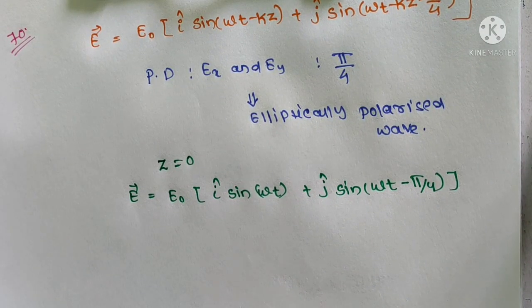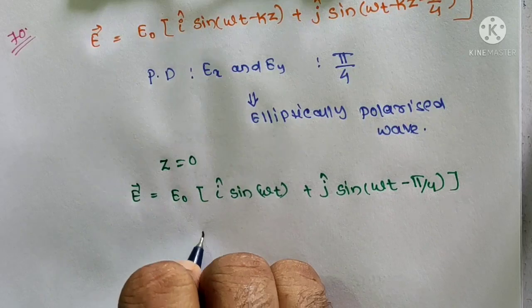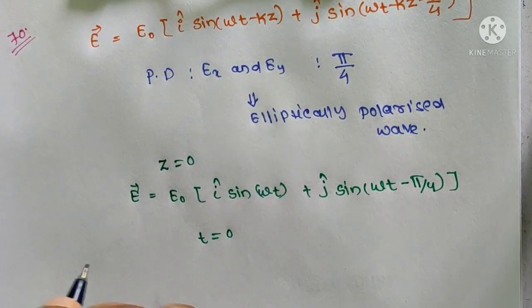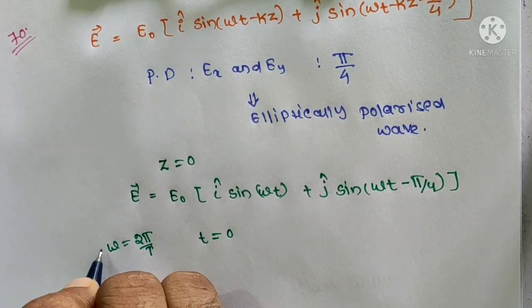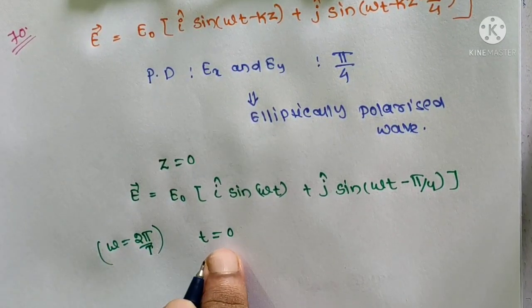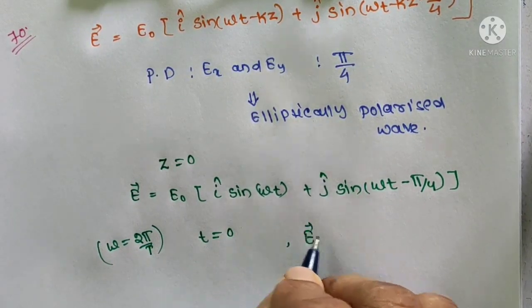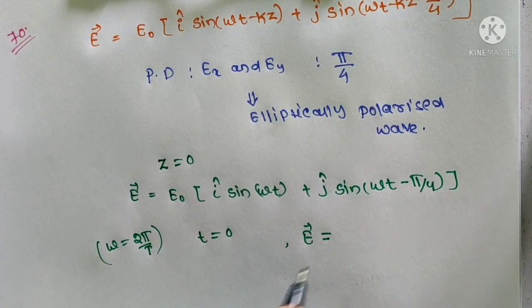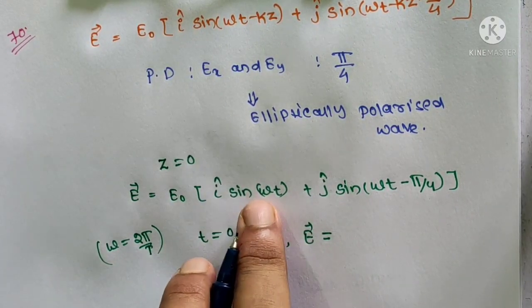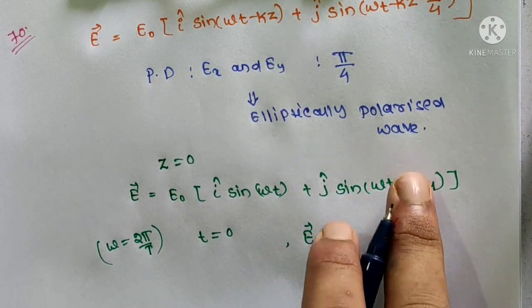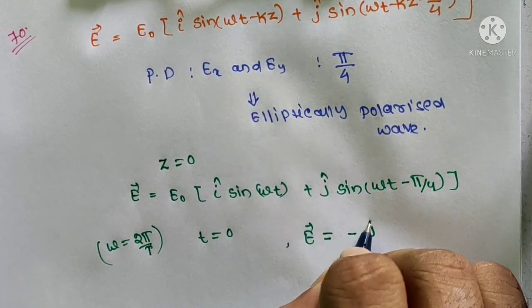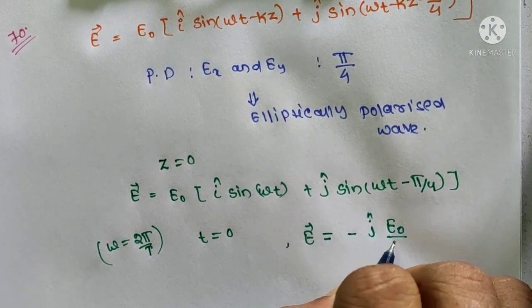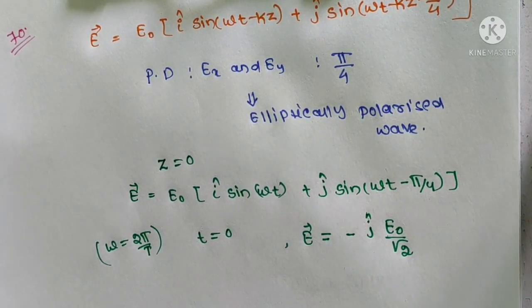Okay, let's take t equal to 0. Now omega is equal to 2 pi by T. So at t equal to 0, the electric field vector will be, look, the first term becomes sin 0, which is 0, and sin minus pi by 4, so minus j cap E naught by root 2 at time t equal to 0.